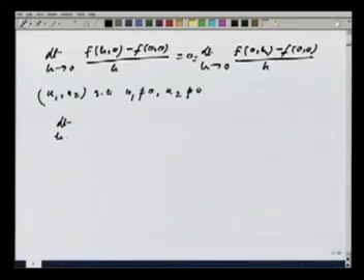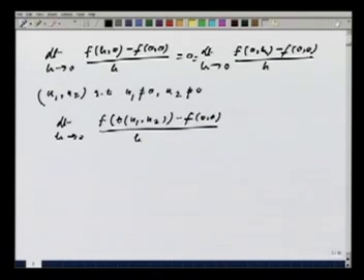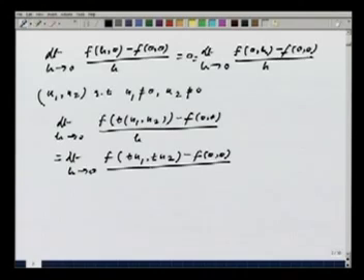Now we look at the limit h going to 0, f of (h u1, h u2) minus f of (0, 0), which I know is 0, divided by h. Sorry, instead of t it should be h, because the increment is given in terms of h. Now I just write down the definition of the function.